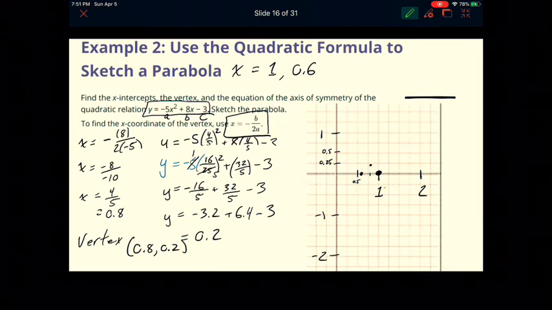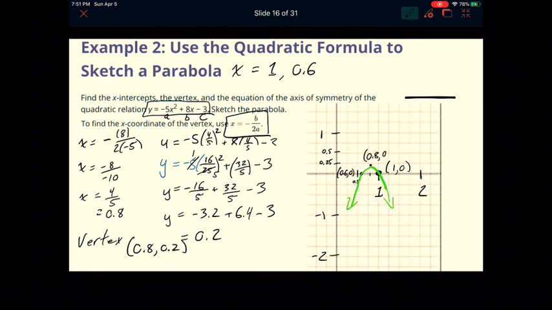So we've got this very small sort of guy. Now remember that we need to label these. People have been forgetting their labels. So we need to label our points, 1 and 0.6, and our vertex, 0.8, 0.2.